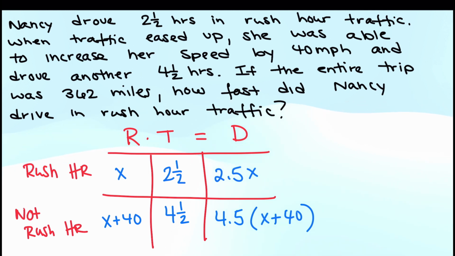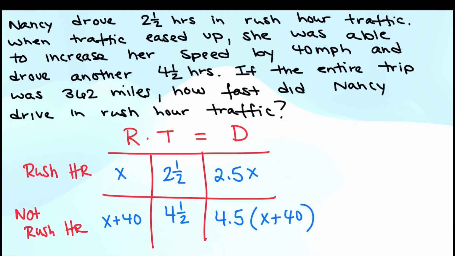I can use the same reasoning, and again, I'm going to convert 4.5 to 4.5. So I can take my time times my rate, x plus 40, to get distance traveled. So later, when she increased her speed, the distance traveled is 4.5 times x plus 40, rate times time.